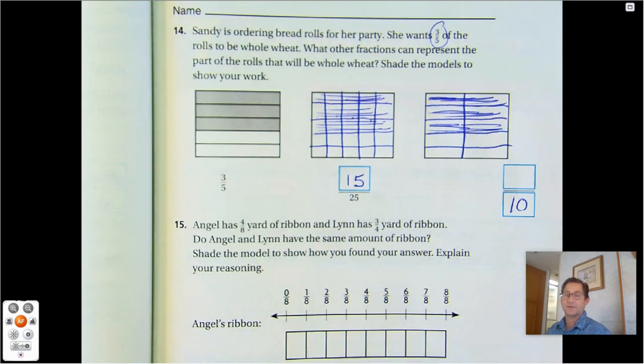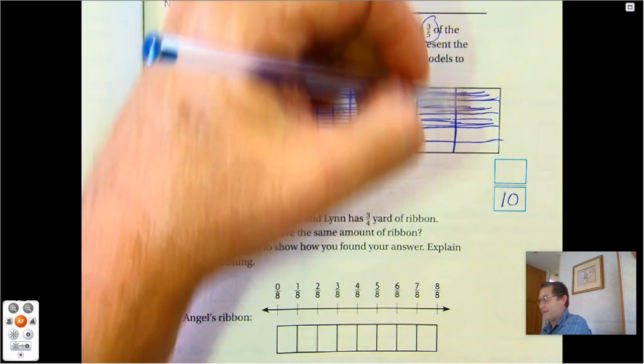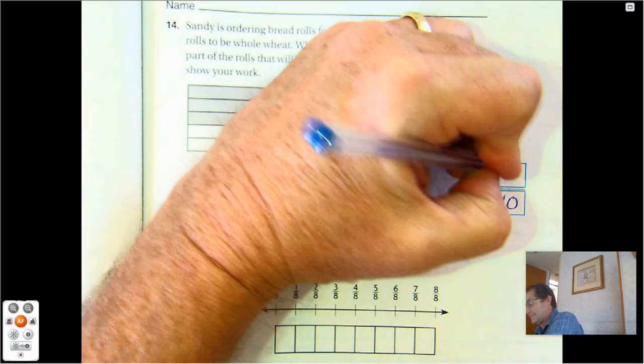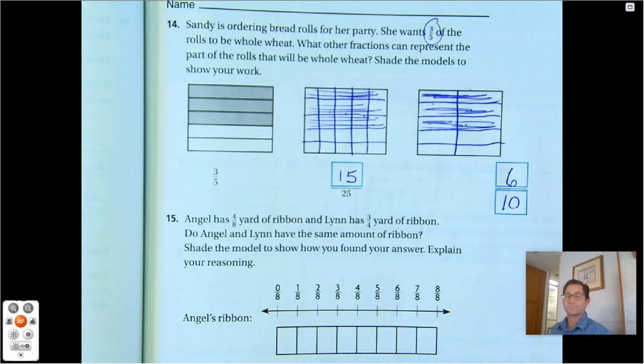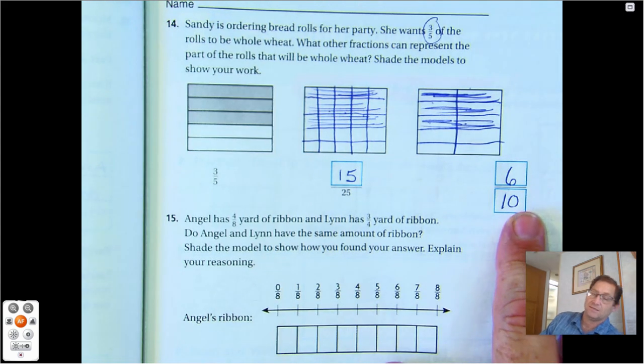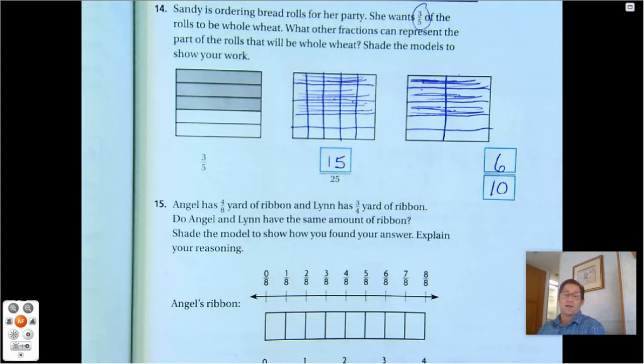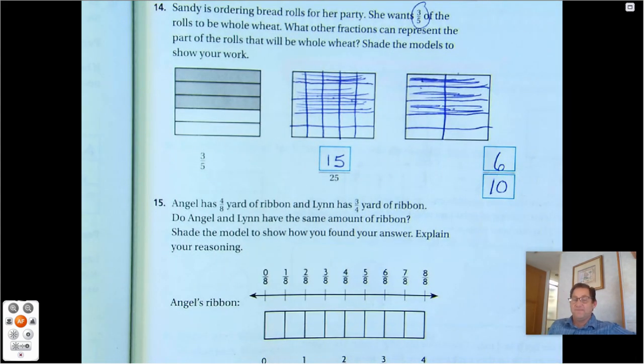And out of that, 1, 2, 3, 4, 5, 6 are shaded. Okay, so this is a possible answer. You could have had 9/15. You could have had 12/20, 18/30, so on. Okay, so this is just one possibility. I just took the smallest one.